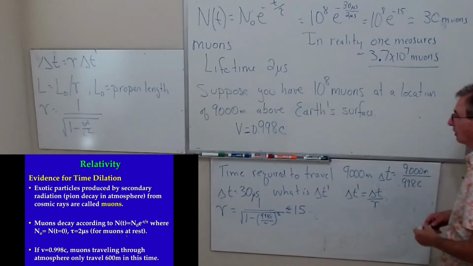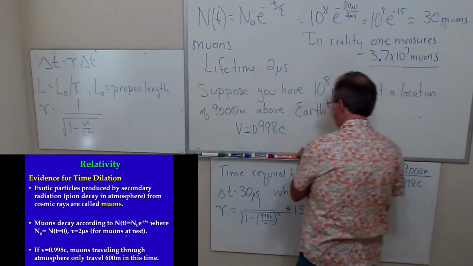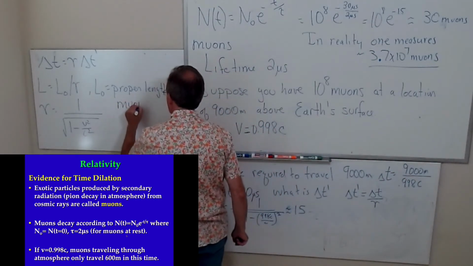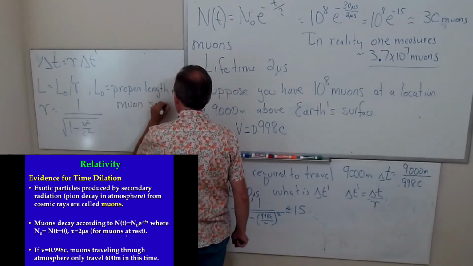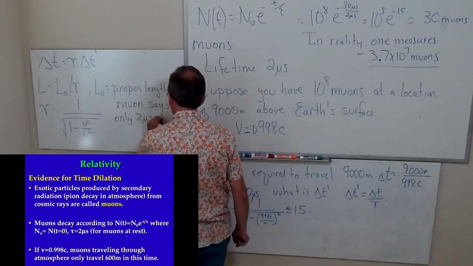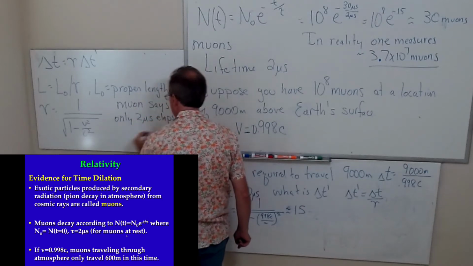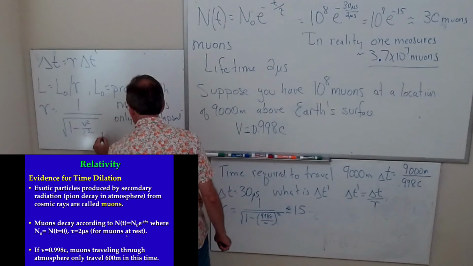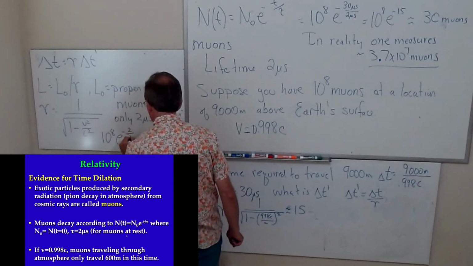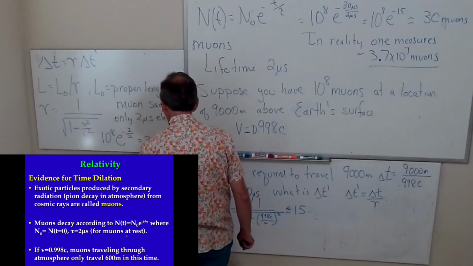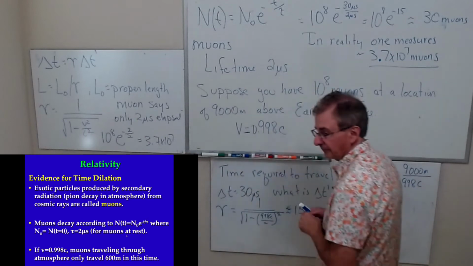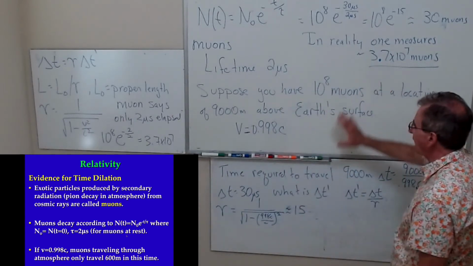So according to the muon then, what I have left is going to be 10 to the 8th times e to the minus 2 over 2, which is 3.7 times 10 to the 7th. Now, these are not the exact numbers from the experiment.